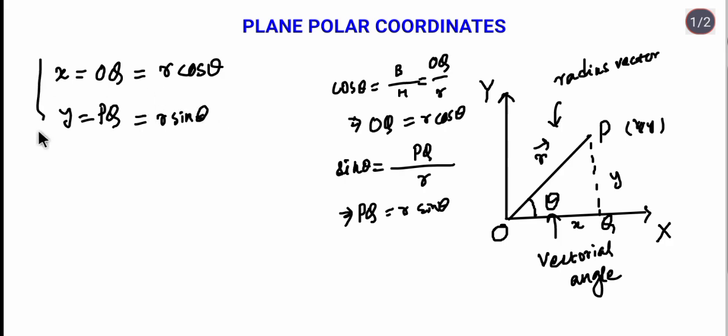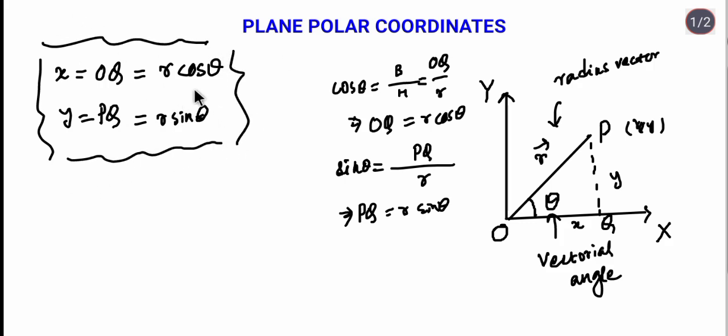So these two give the relation between the Cartesian system and polar coordinate system, that is x is equal to r cos theta and y is equal to r sin theta. Now if we square these and add these, it will be r square cos square theta plus r square sin square theta.